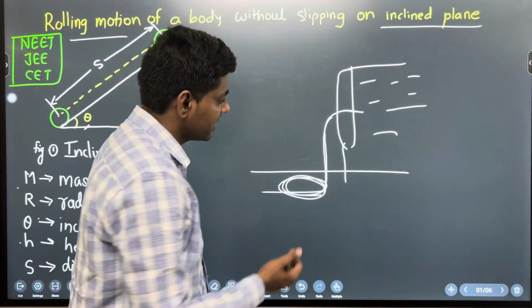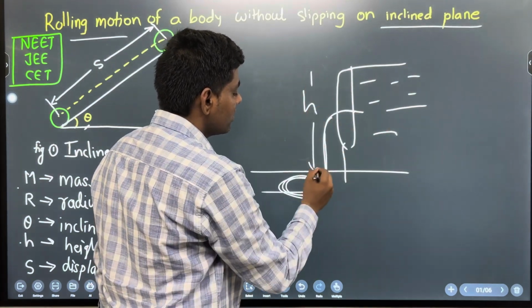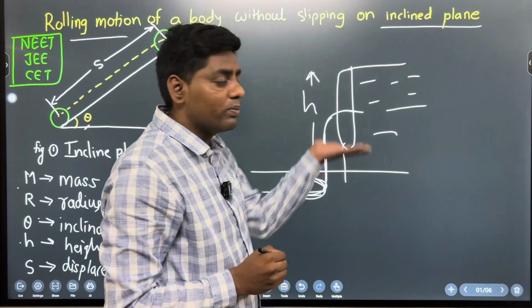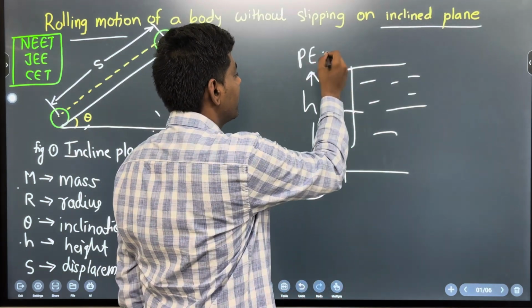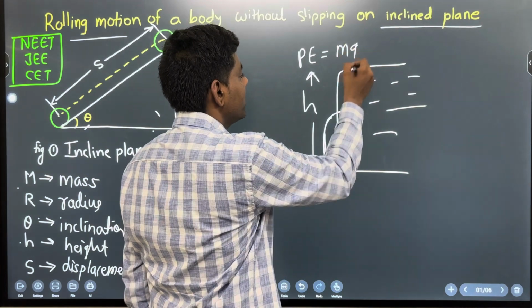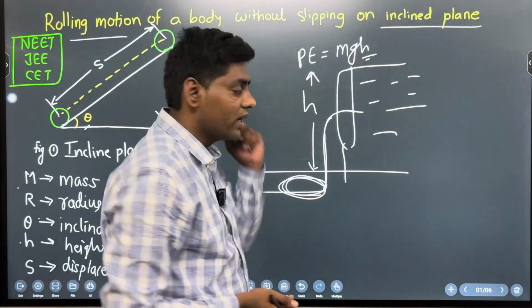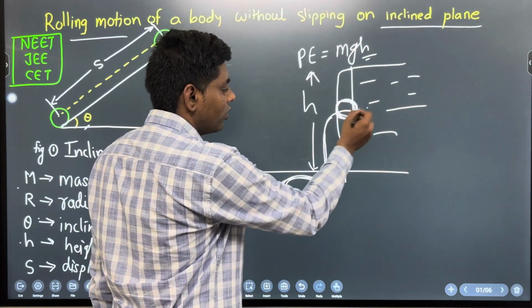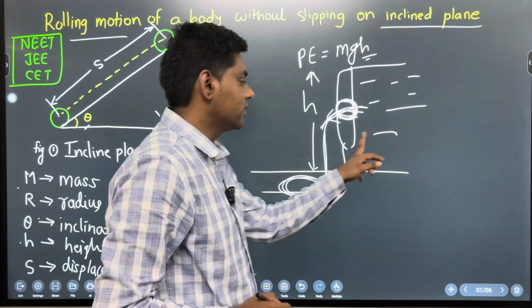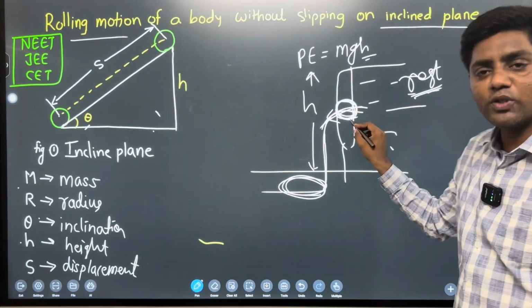So what happens in that case? Now the water is stored at height h. So if we store the water at height h, its potential energy will be mgh, where h is the height at which the water is stored. And then whenever we open the gate, the rest water goes into motion.